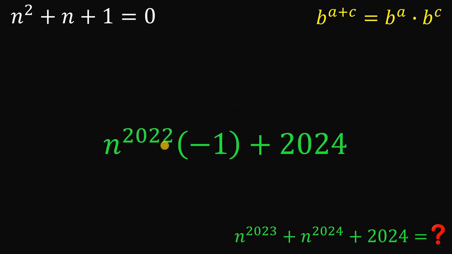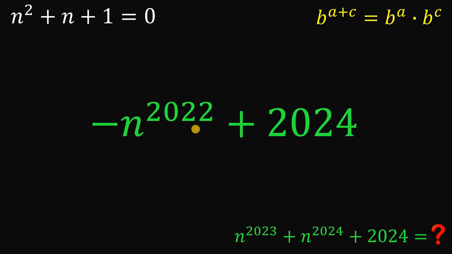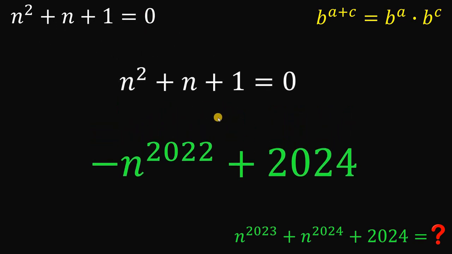So, n raised to 2022 times negative 1 is just negative n raised to 2022, plus 2024. So, our expression now becomes negative n raised to 2022 plus 2024. Alright, so the problem is, what is the numerical value of n raised to 2022? So, again, let's use the given equation.